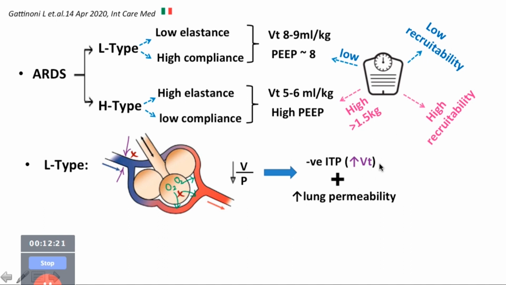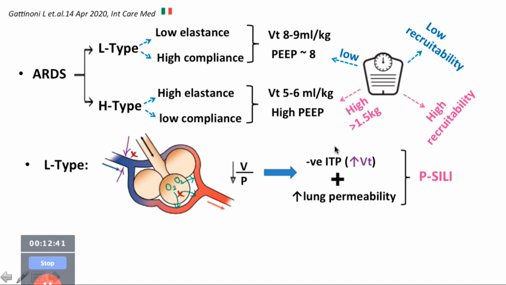When there is tachypnea with increased generation of negative intrathoracic pressure, there is an increased tidal volume in these patients. That's why the suggestion is that low tidal volume may not be very helpful in this, and with lung permeability it leads to something called patient self-inflicted lung injury, which is what will ultimately lead to the ARDS.